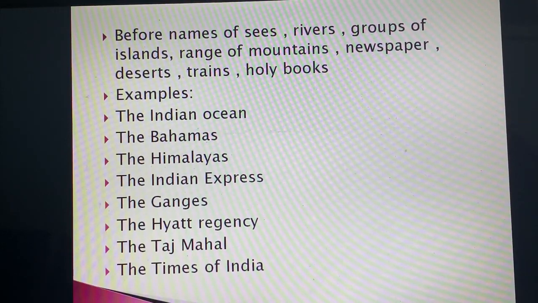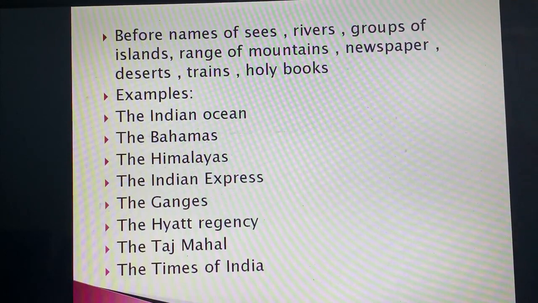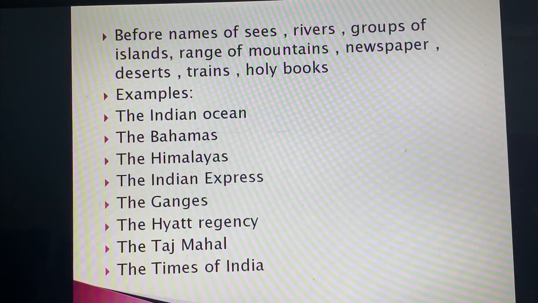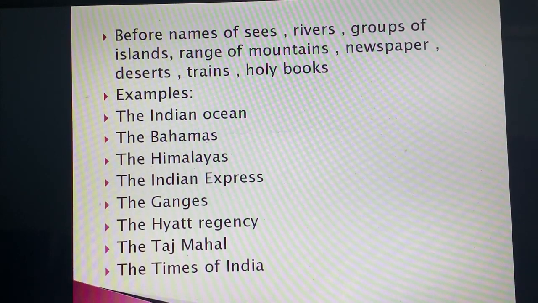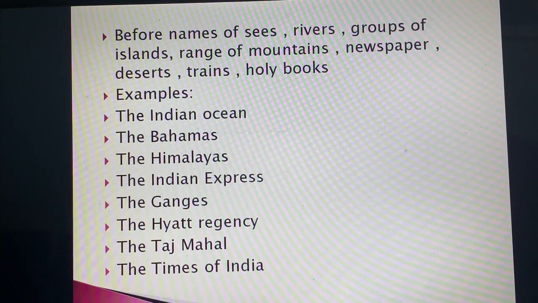The Himalayas, the Brahmaputra, the Indian Express, the Ganges. It is basically the Ganga River. The Hyatt Agency, the Taj Mahal for big hotels. Fine. And for newspapers, we use the Times of India, the Mumbai Express, the Hindustan Times. There are endless examples, so you have to keep it in your mind. When we talk about these things, we use the.